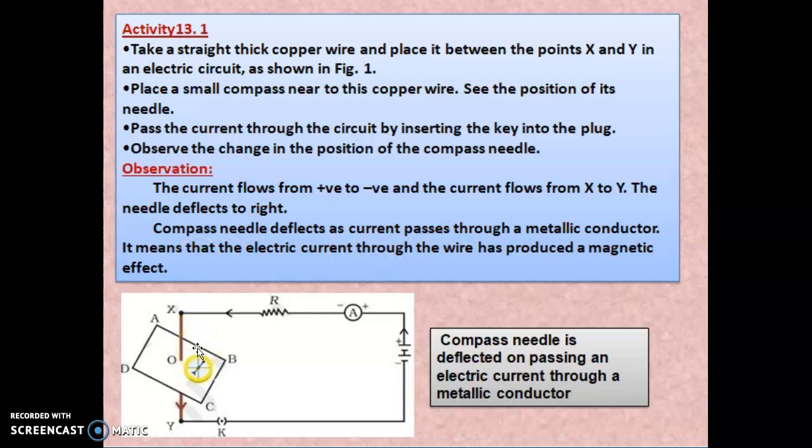So from this experiment we find that when an electric current passes through a wire, it produces a magnetic effect. This is the circuit for this experiment.